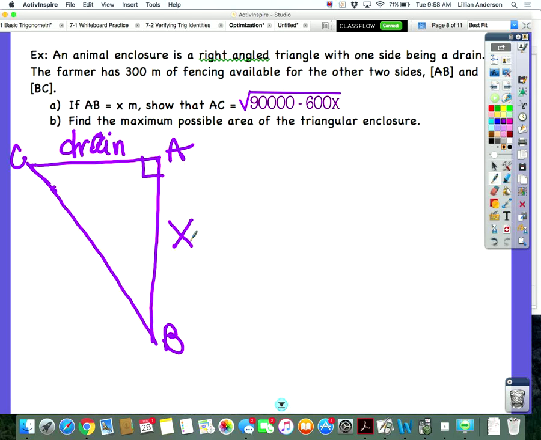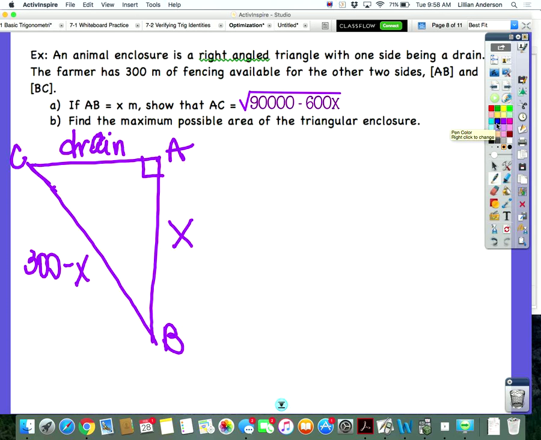Okay? If you have 300 meters of fencing that's available for the other two sides, then what's BC? 300 minus x. And you're going to use that information to help you find AC. How are you going to find AC? Pythagorean theorem.